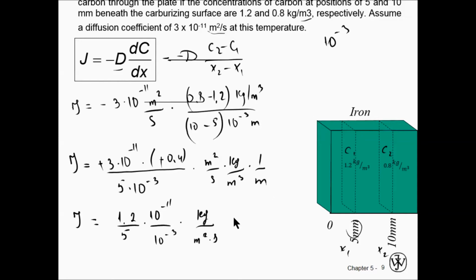Our final answer is 2.4 times 10 to the power of negative 9 kilograms per square meter per second. That is the diffusion flux for these conditions.